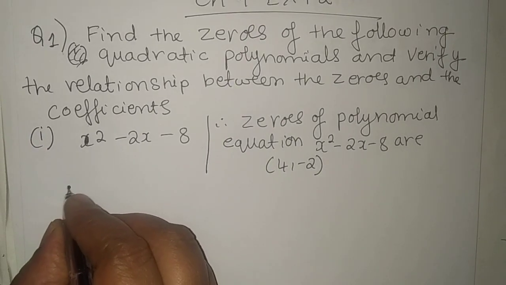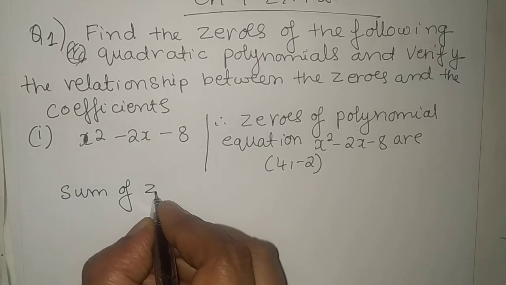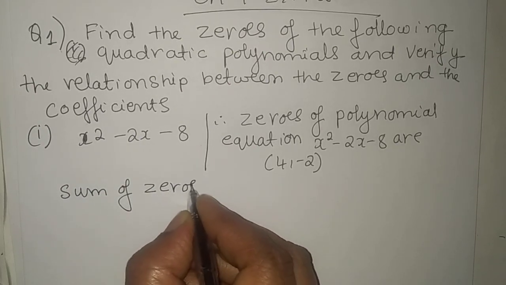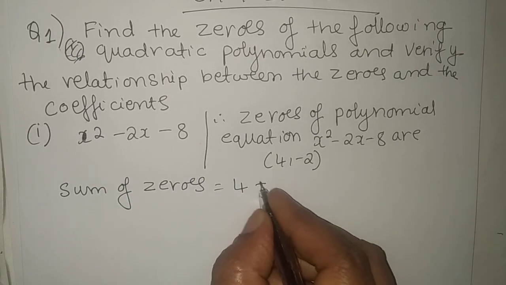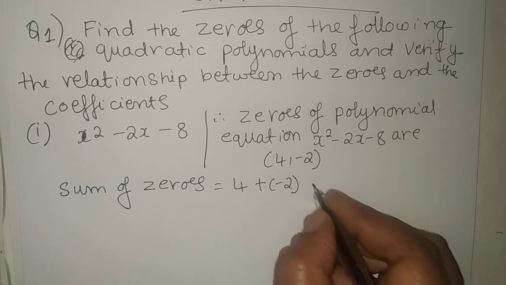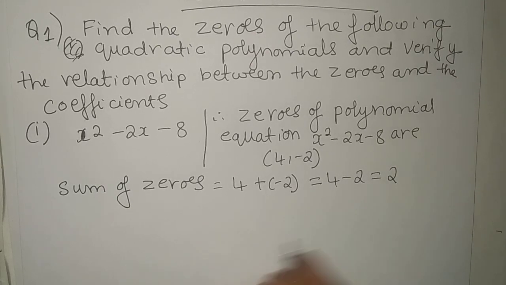Now we have the sum of zeros. Sum of zeros means we have to add these two. 4 plus minus 2, that is 4 minus 2, we get the answer as 2.